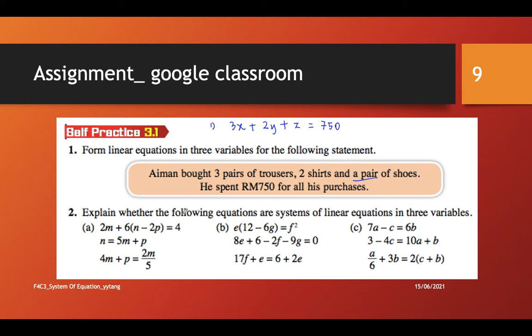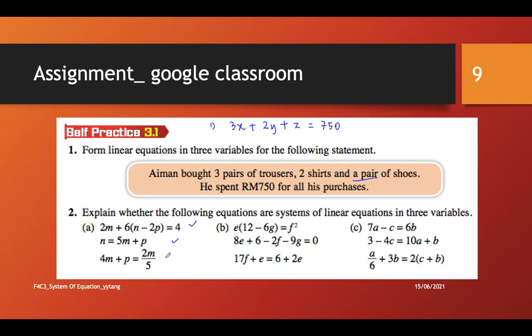Now number 2, explain whether the following equations are systems of linear equations in three variables or not. Now A, is it M, N, P? Okay, correct. M, N, P, correct. M and P, this one is only two variables, right? So all three equations have three variables M, N and P, where the power of the variable is 1.